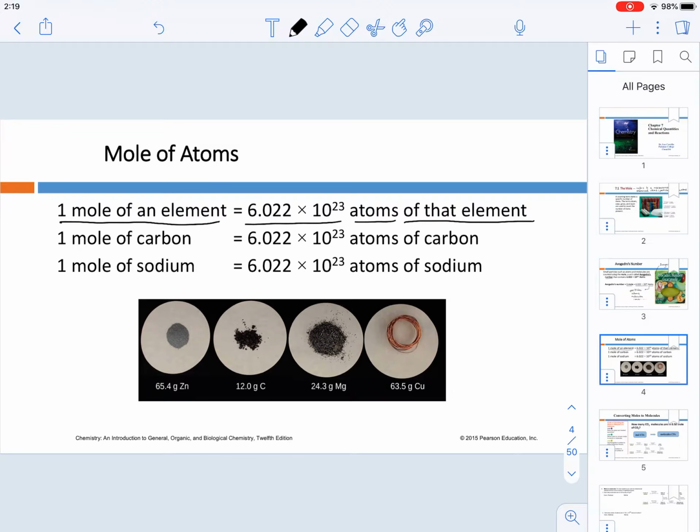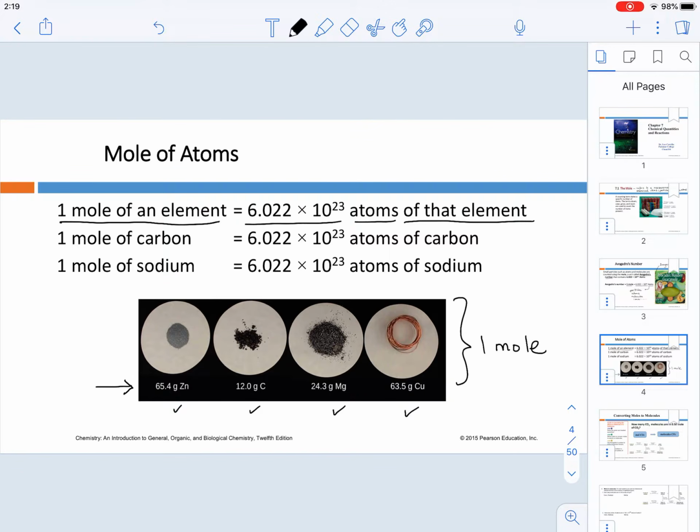So at times, students ask, but how is it going to equal the same number for different elements? Because understand that the difference between the elements is going to rely on the level of the grams. So one of the things that I want you to observe is that this image at the bottom also represents 1 mole of an element. But if we look at the values at the bottom, here we have represented a mole of zinc, a mole of carbon, a mole of magnesium, and even a mole of copper.